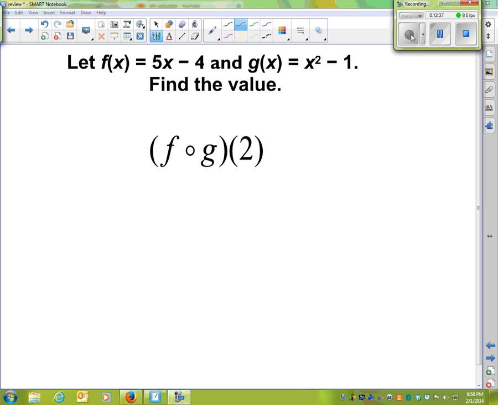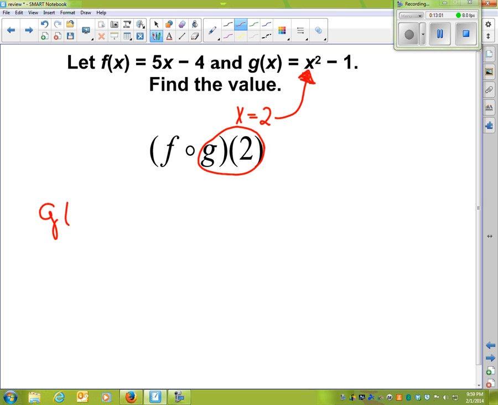Moving on now to composite functions. Working on a composite, that open circle does not mean multiplication. It means that I'm going to start with the g of 2. That tells me that x is equal to 2 in my g function. Whatever is right next to the number, that's where we start.